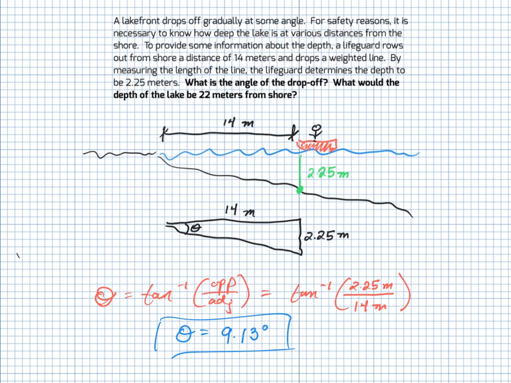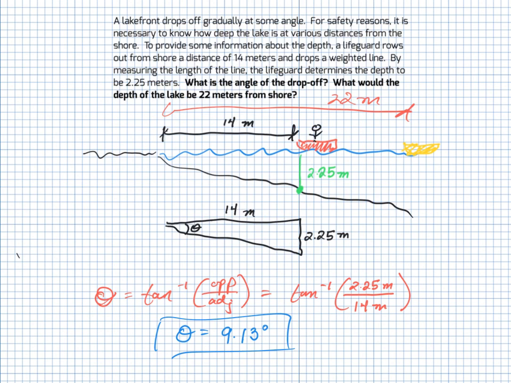Now, I'm not going to do the second part. The second part is asking us what would the depth of the lake be 22 meters from shore. What you need to do for this part is imagine that this boat is extended out this way further. So you would be imagining that the boat would be maybe out here somewhere, and that distance is actually going to be 22 meters, okay?